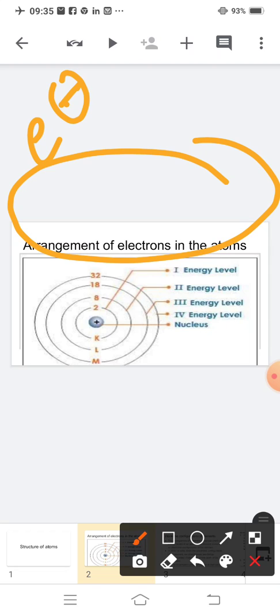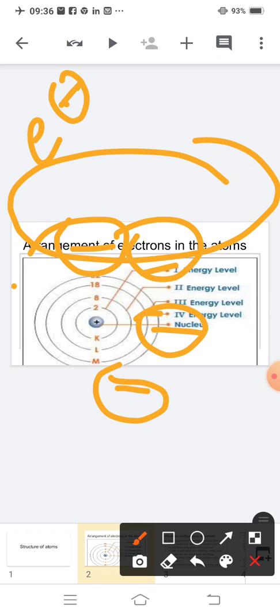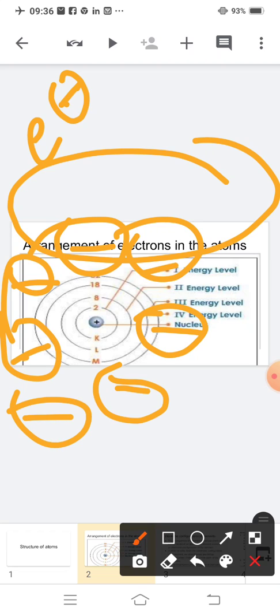We all know that electron revolves around the nucleus. So around the nucleus there is a cloud of negative charge like this. The electrons are arranged according to their potential energy in different energy levels or shells.